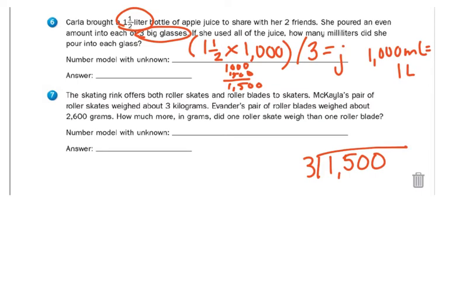How many times does 3 go into 15? And then all we have to do is add 2 zeros behind it. It's just an extended basic division fact. 3 goes into 15 5 times, and then just put 2 zeros behind it. So she put in 500 milliliters into each glass.